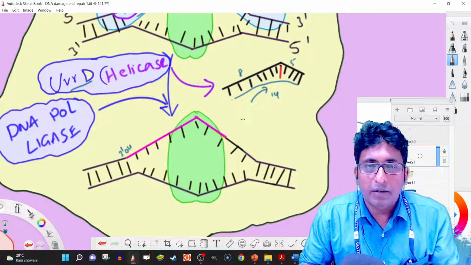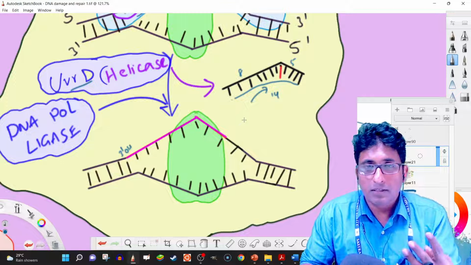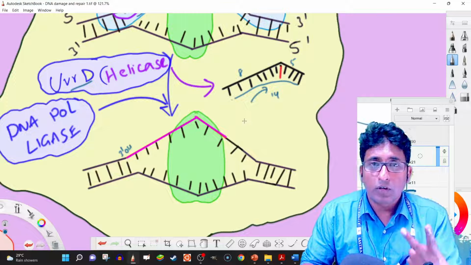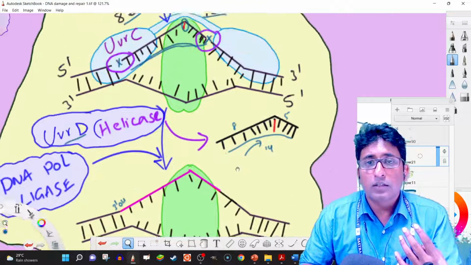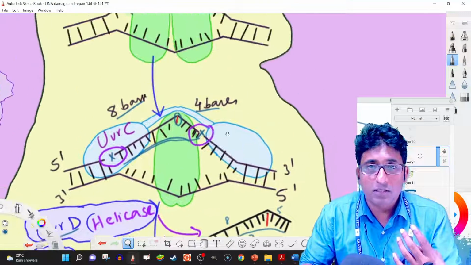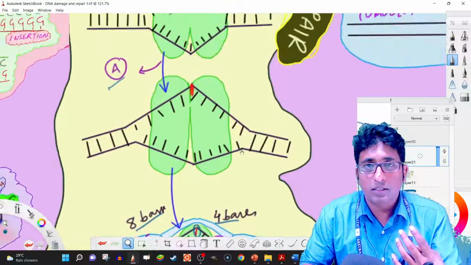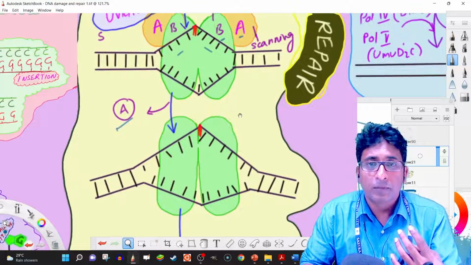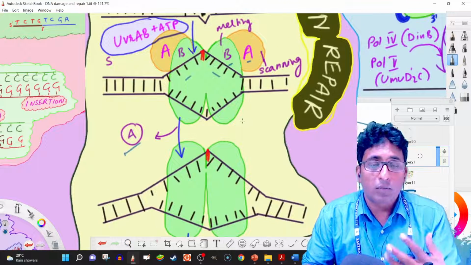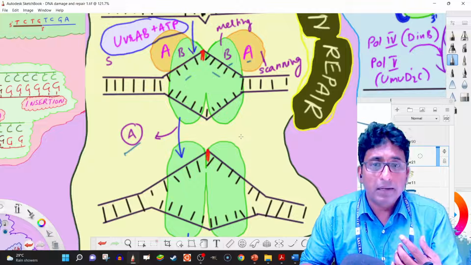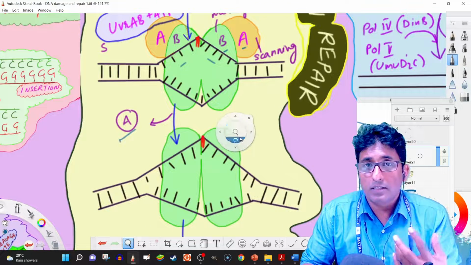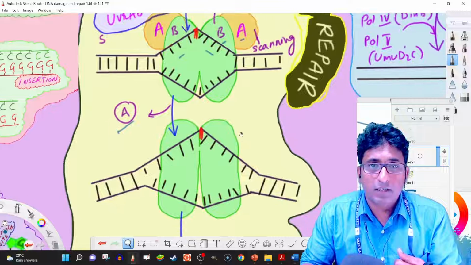Nucleotide excision repair has 4 important proteins: UVRA, UVRB, UVRC, and UVRD. UVRA is to scan for distortions within the DNA, the distortions that are because of any problems with the bases. Second, UVRB is the one that melts the DNA at the site when a distortion has been detected.